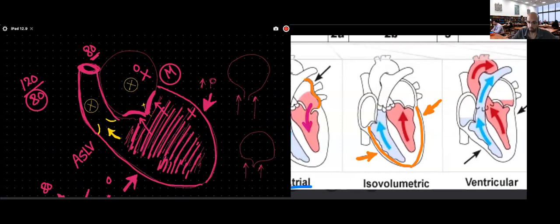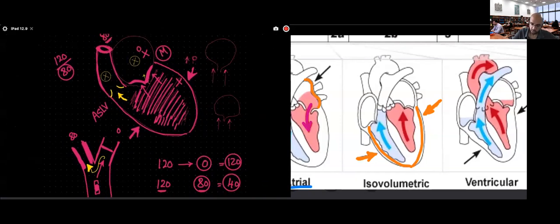But there was a time where the blood closed the AV valve, and it didn't reach enough pressure, enough force, to overcome the resistance to open the semilunar valve.